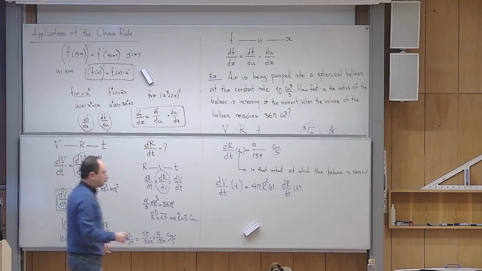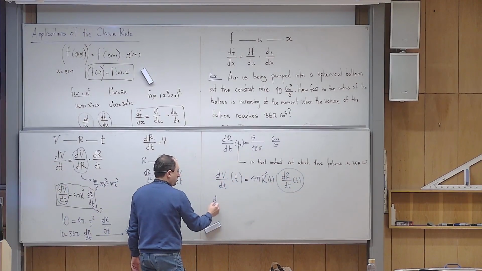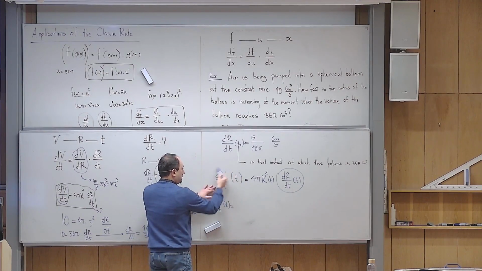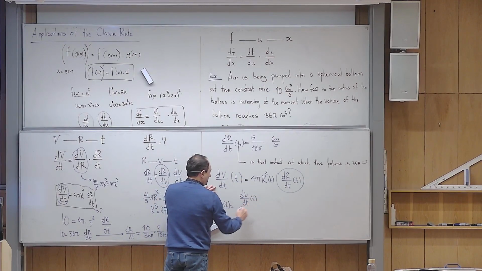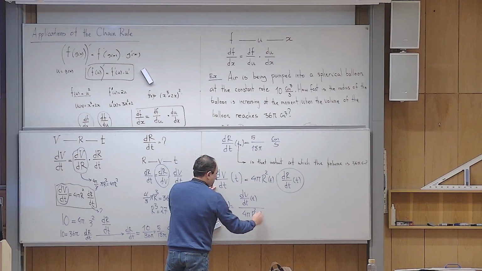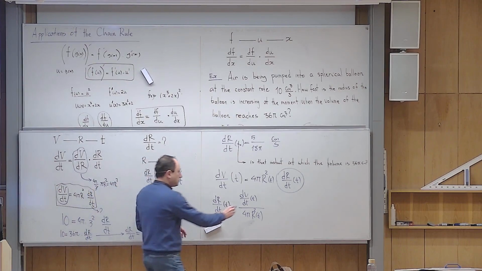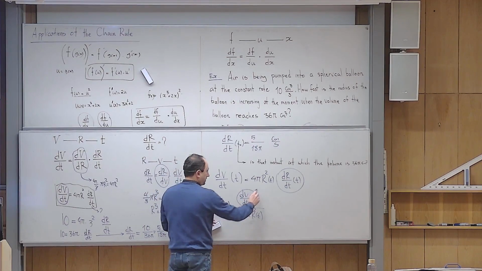But then, let us check this value. So dr/dt at some point t is equal to the left-hand side divided by this. But this, according to our problem, is always the same number because that's a rate of 10.